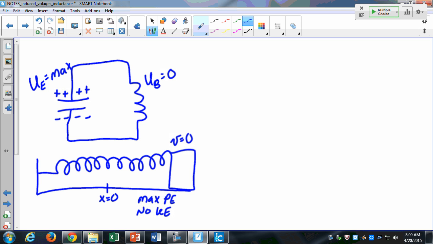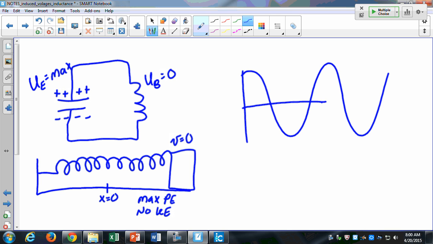And then we'll get damped oscillations. But right here, if I look at either my energy or my current or my voltage, I'm going to have this oscillation that goes back and forth. Assuming that there's no resistance, it'll go on without losing any energy at all, forever.